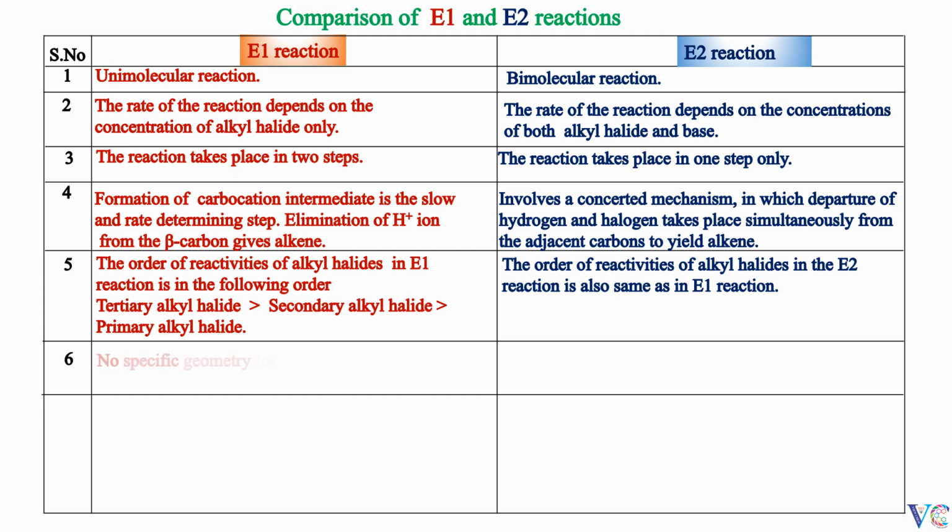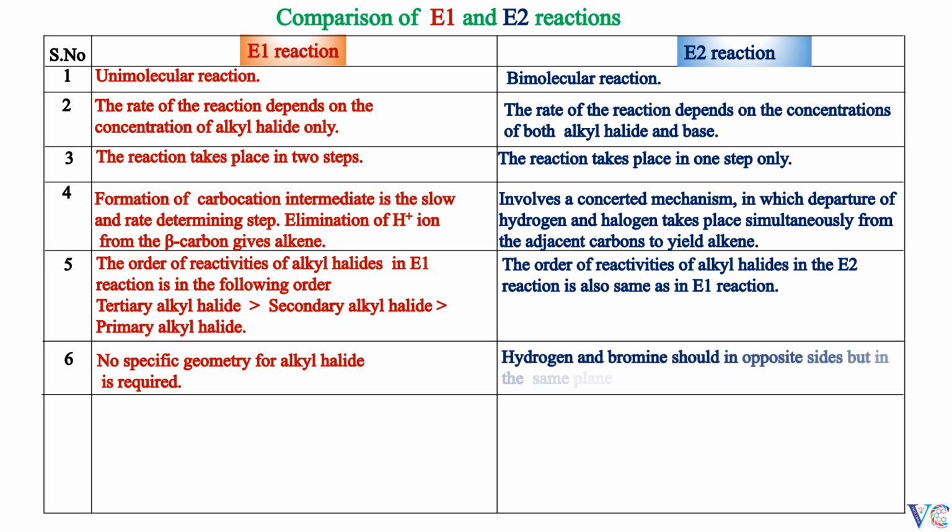No specific geometry for alkyl halide is required. For E2 reaction to occur, hydrogen and bromine should be on the opposite sides, but in the same plane. That is, antiperiplanar conformation is preferred. Polar protic solvents, like H2O, favor E1 reaction.